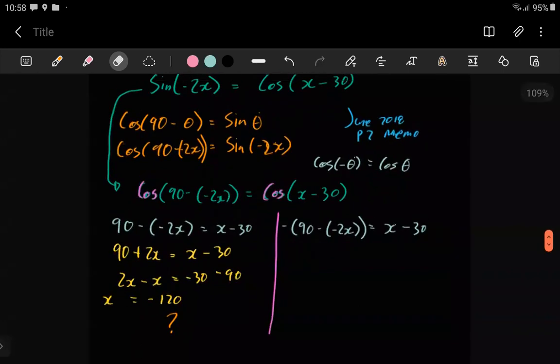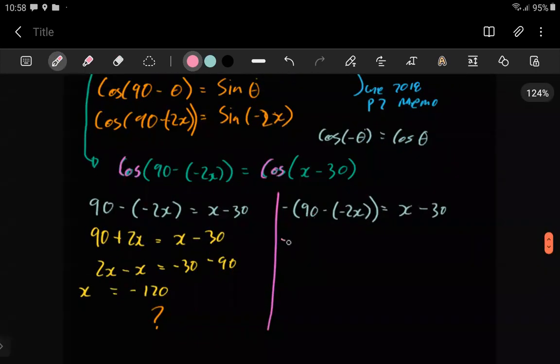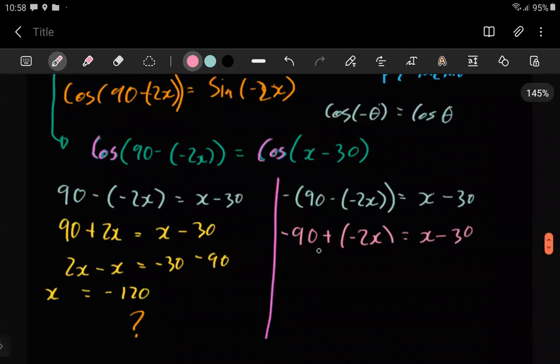Okay. So on this side here, let's see what we're going to end up with. We're going to have negative 90 plus the negative 2x there. And then here, a plus times a negative gives you a negative. And then here we have x minus 30.